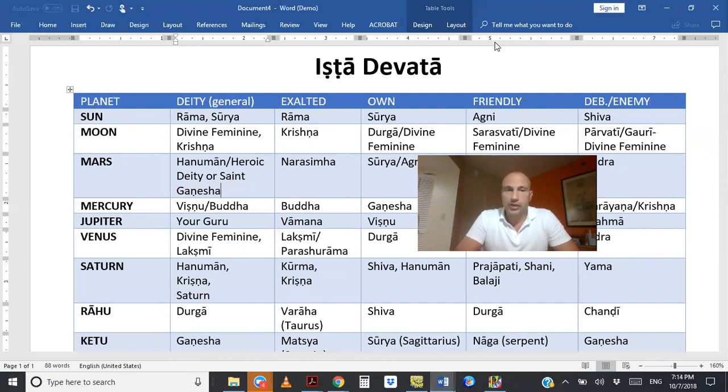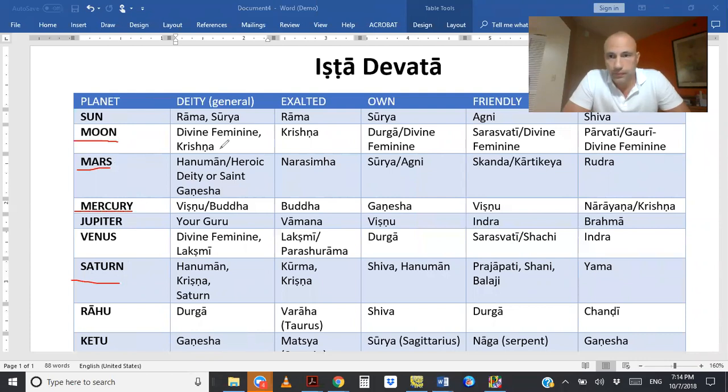Now let's see if we can harmonize these techniques. We got Mars, Mercury, Saturn, and Moon. One of the easy things to do is to see what they have in common. One thing I notice immediately is that both Mercury and Mars indicate Ganesha.